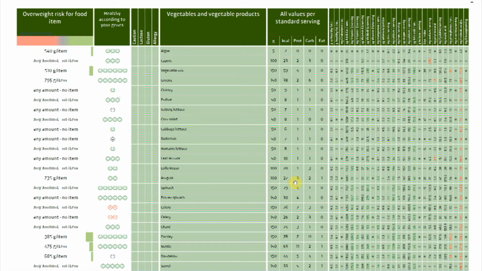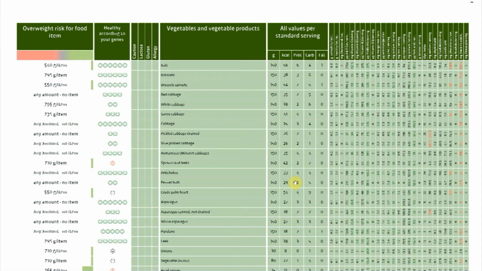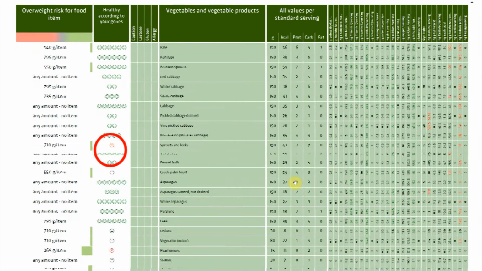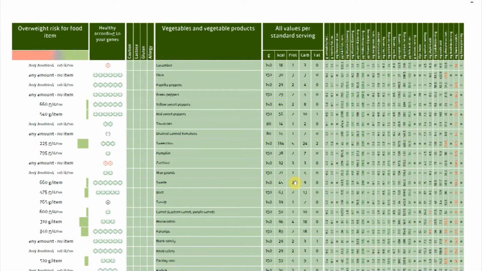Then there are neutral faces, these black ones, iceberg lettuce, for example. It means it contains some negative stuff, but also some good stuff, and they kind of balance each other out, so it's neither good nor bad for you to eat this. And then there is 1 red smiley face. That means more bad stuff in it than good things, and it goes up to 7 unhappy faces.